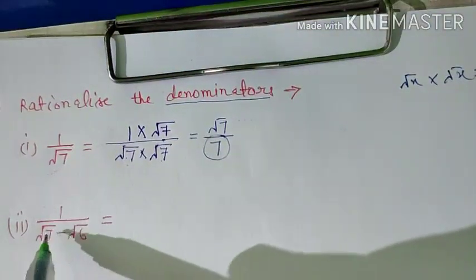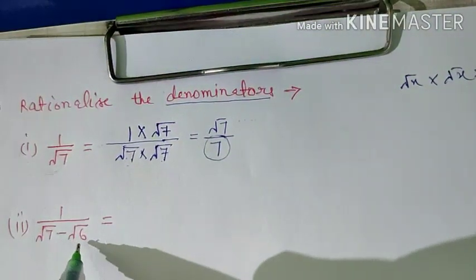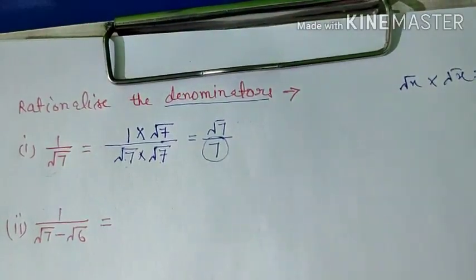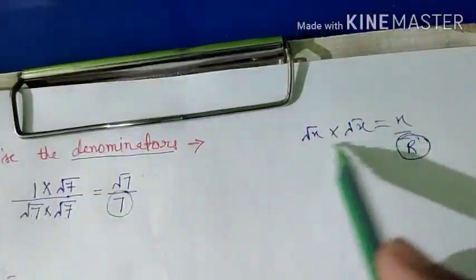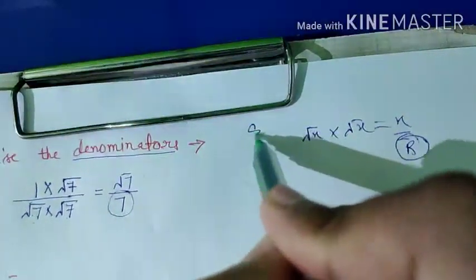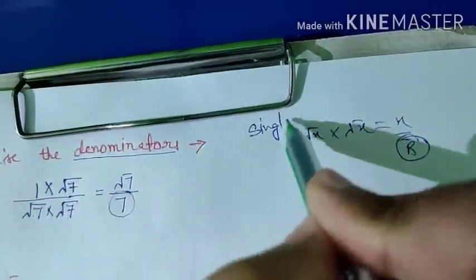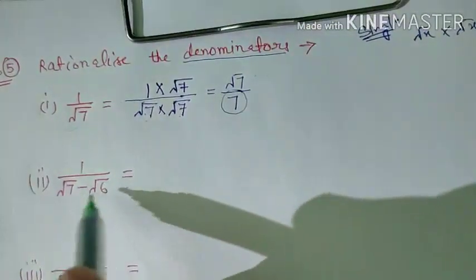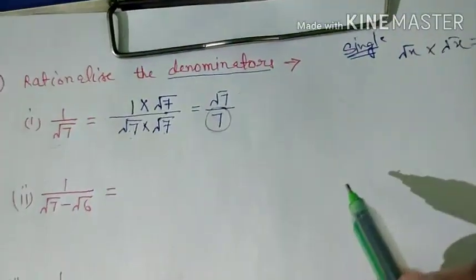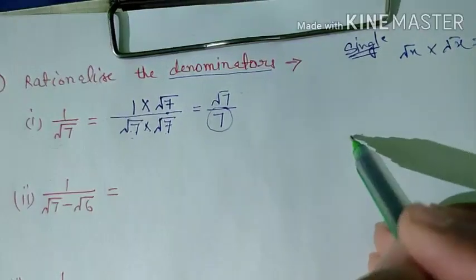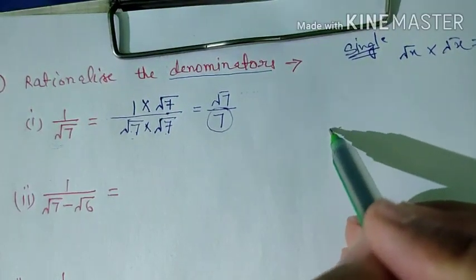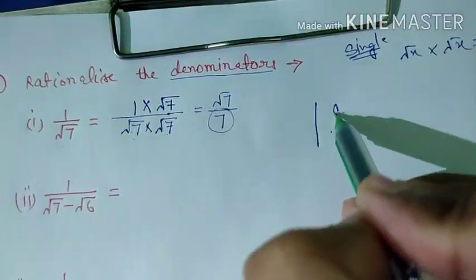Similarly, 1 upon root 7 minus root 6. This rule which I told you here was for a single number. But when you have a number like this, you have to multiply numerator and denominator by its conjugate. Now just try to understand the meaning of conjugate.